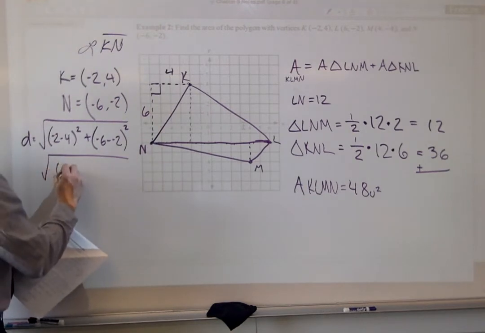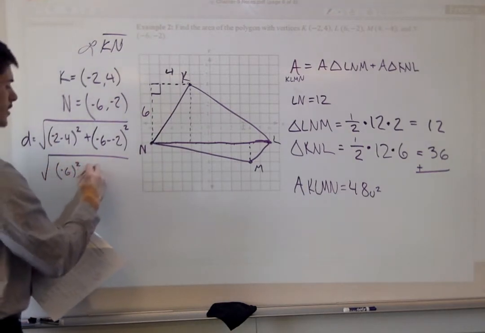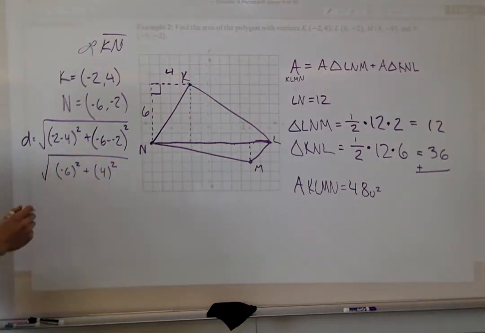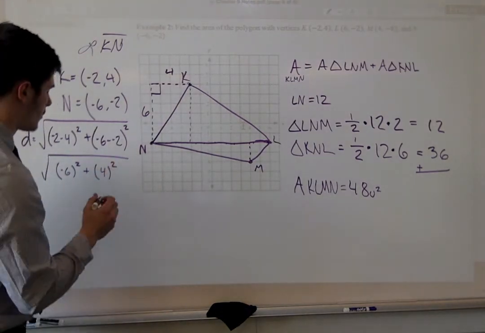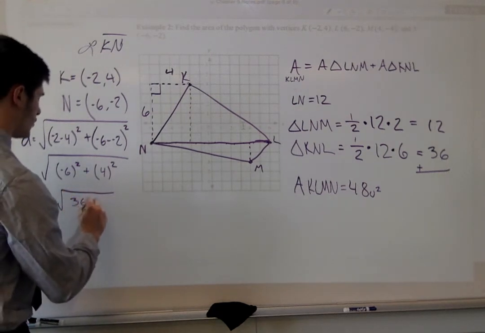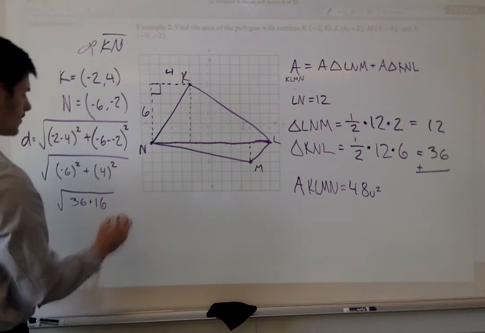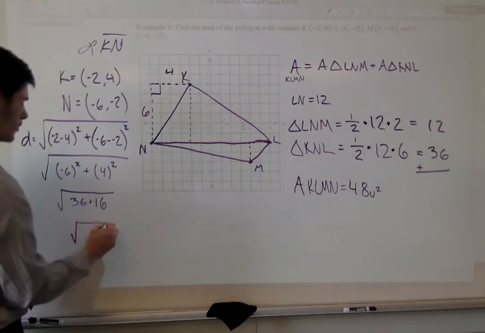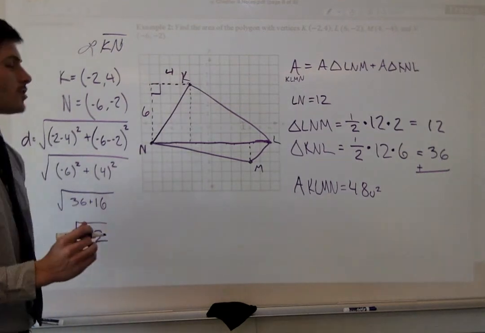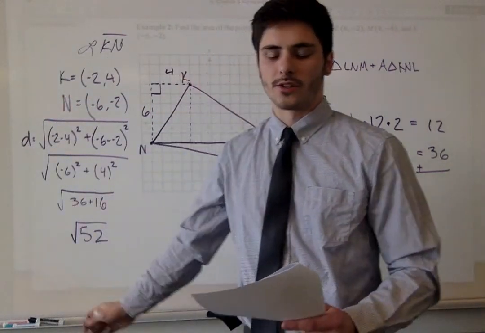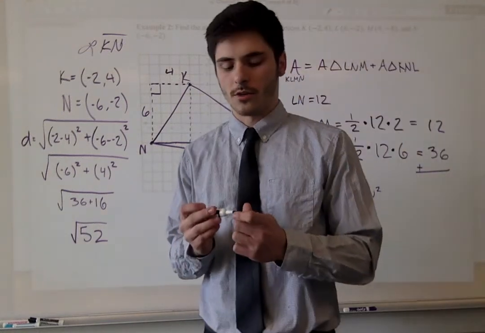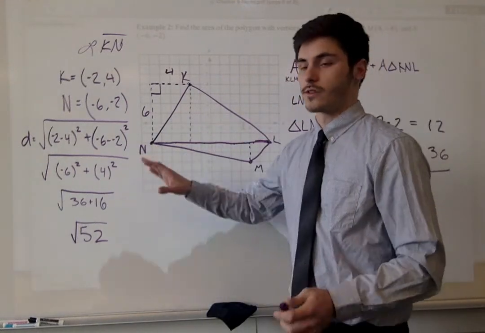So we get negative 6 squared plus 4 squared. And we'll simplify that out a little more. We get 36 plus 16, which ends up being the square root of 52. And so we can put the square root of 52 into simplest radical form, but frankly, for this example, I just wanted to show you how to use the distance formula. And so this is that right there.